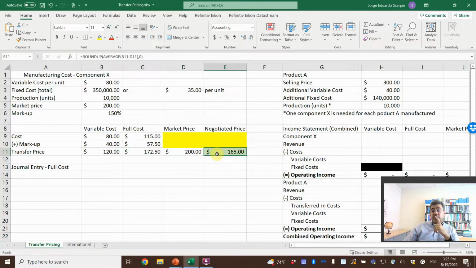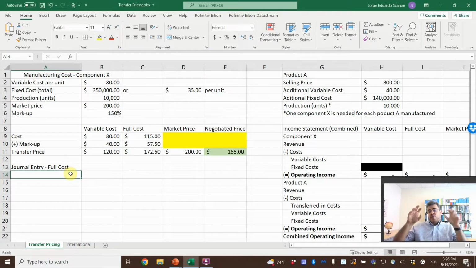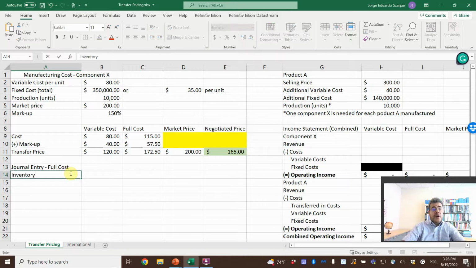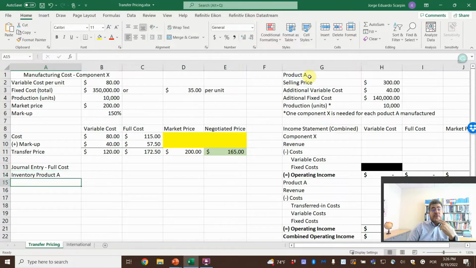What is the journal entry here? And let's assume that they are at the same company. So it's not a company A that is a subsidiary of company B. They are at the same company. So our debit will be inventory, product A. Usually the work in process inventory.